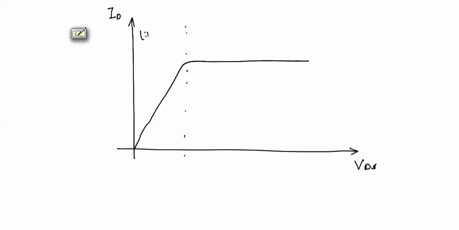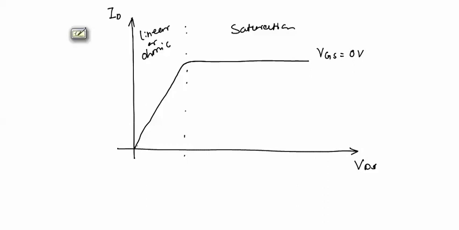This will be the linear region or ohmic region, and this will be saturation region. We will get this curve for VGS equal to 0 volt.